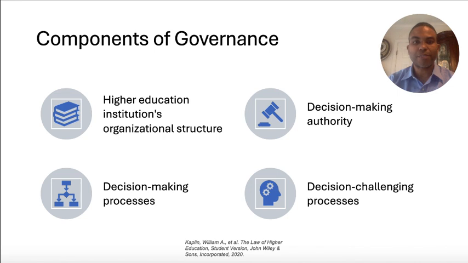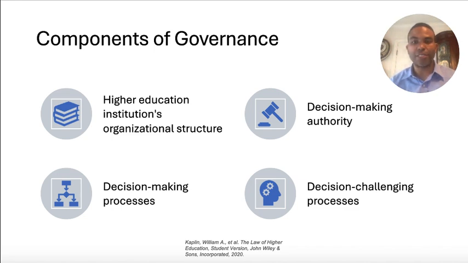So let's start with some components of governance. The first component is the organizational structure of the community college or university. The second component of governance would be the board's ability to make decisions, how they assign authority for making decisions to the administrators of the institution, and what the processes are by which decisions are made.